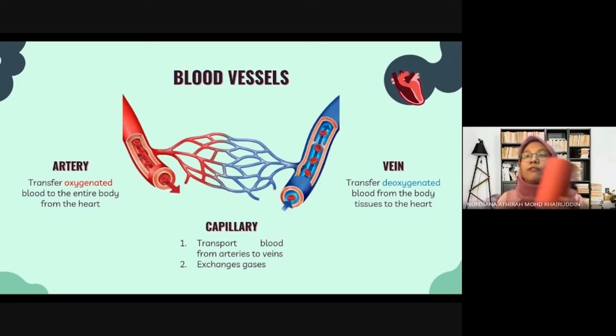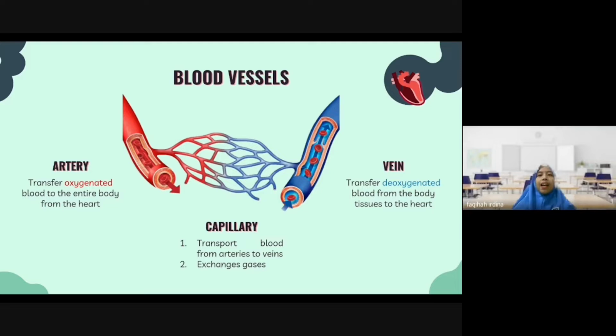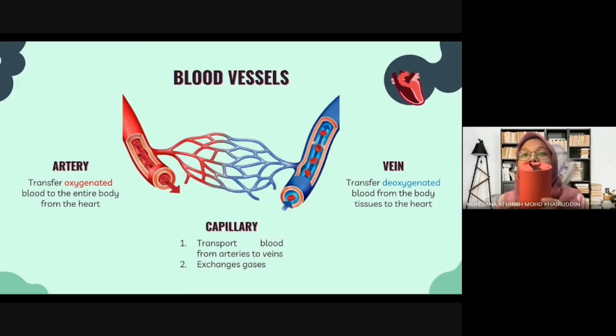So the first one is artery. As you can see, the color of artery is red. Red indicates that the blood carried by the artery is oxygenated blood. So the function of artery is to carry or transfer the oxygenated blood to the entire body from the heart.